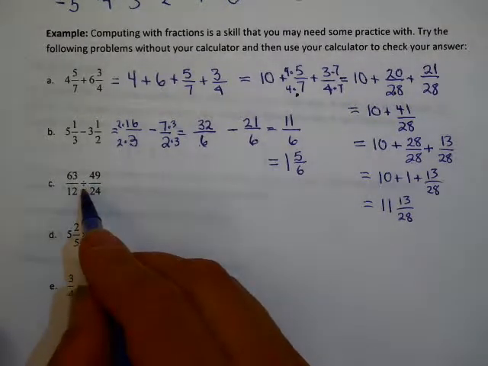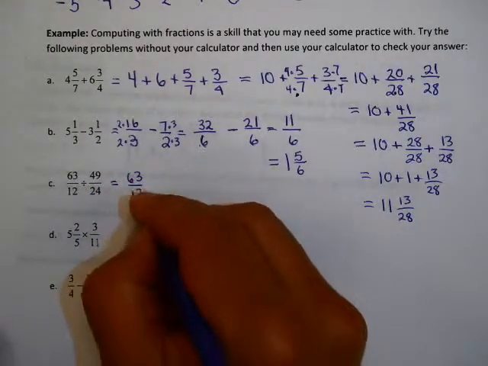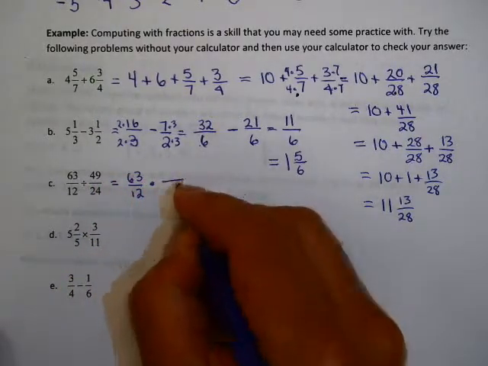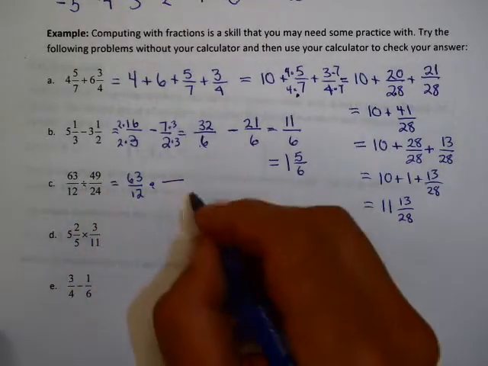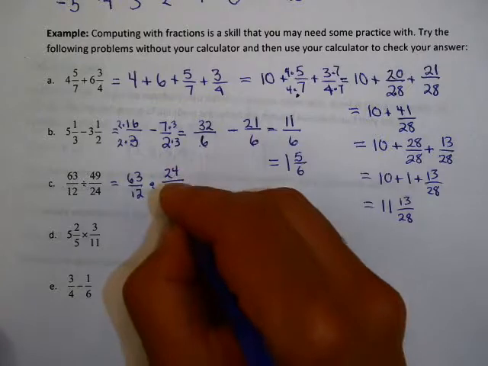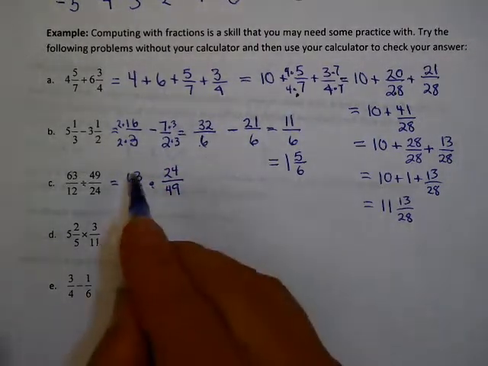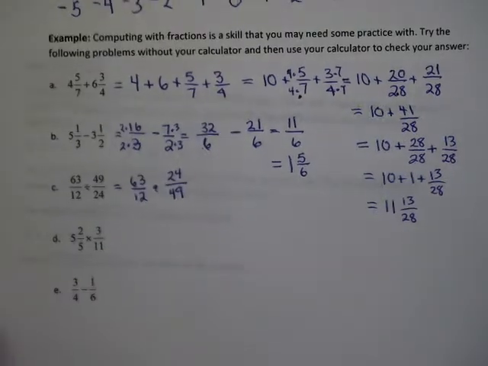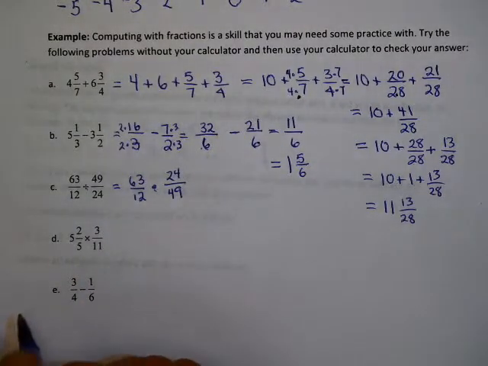Division of fractions is pretty straightforward. In this case, we don't need a common denominator, but when we divide, we change this to a multiplication sign, and we multiply by the reciprocal, which is 24/49. Now, these are pretty large numbers to multiply, so we can use some division here to help us.